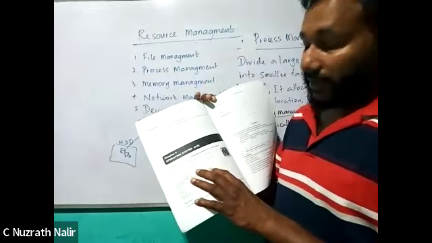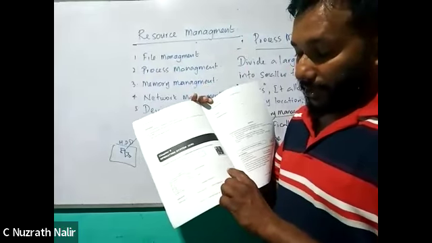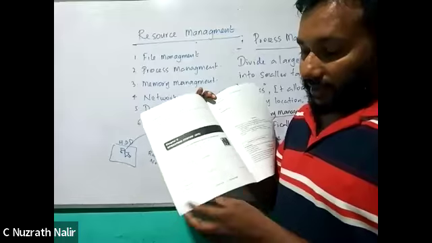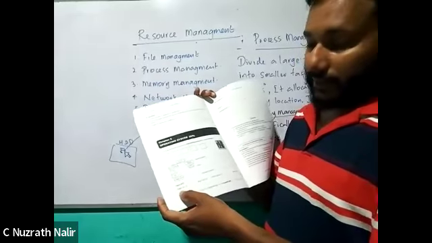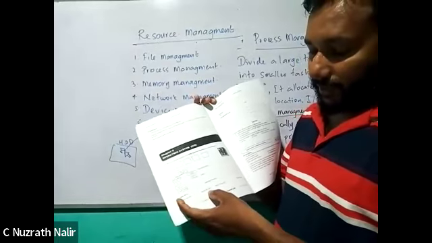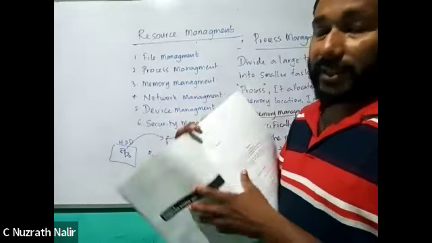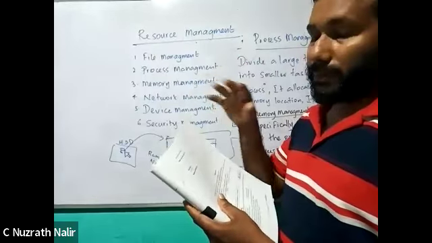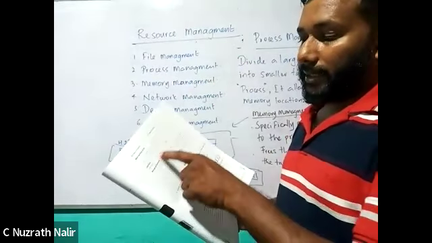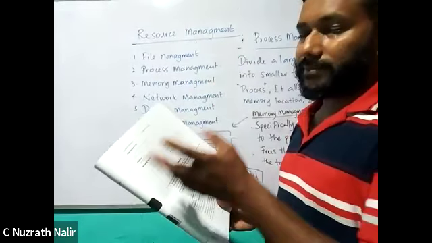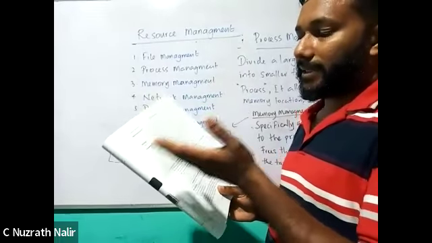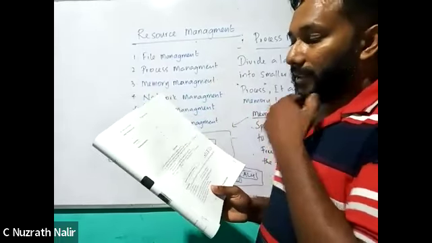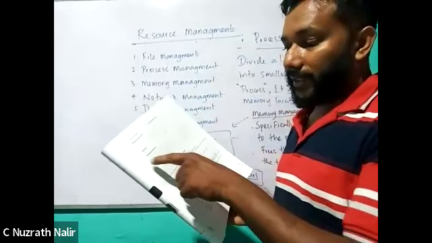What is an example of an operating system? Utility, language translator, types of OS: single-user OS, multi-user OS, multitasking OS, real-time OS. The main services of OS: resource management, the UI, the CLI meaning command line interface, and the GUI, graphical user interface.